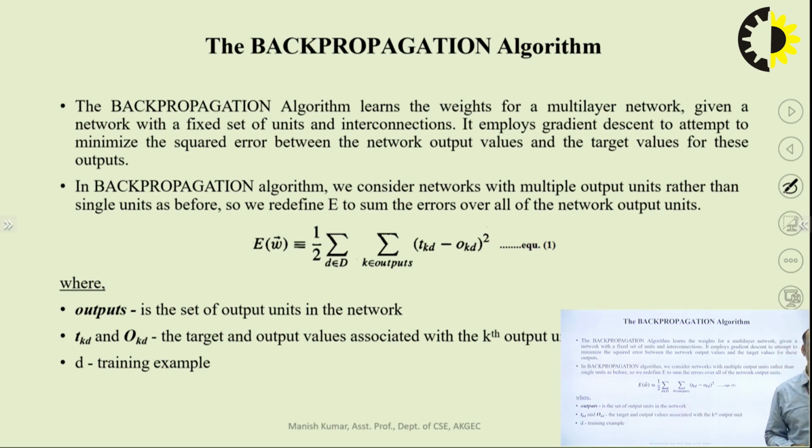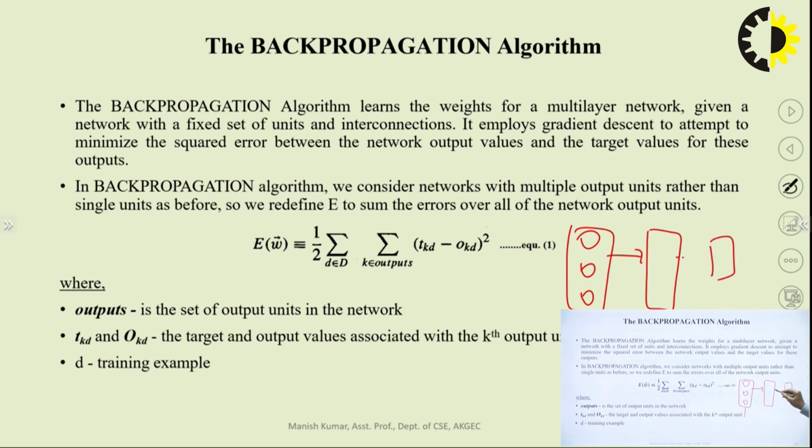We will create a network, a similar network. The input layer will be there, then the hidden layer, and the output layer. We will just make a network. And how are we going to train this network? Using this back propagation algorithm.